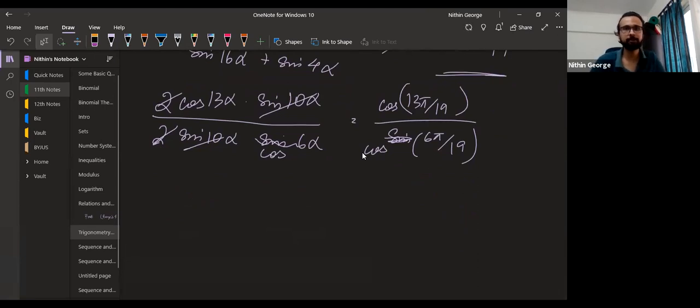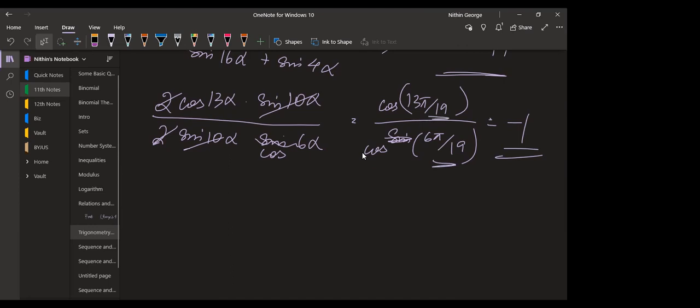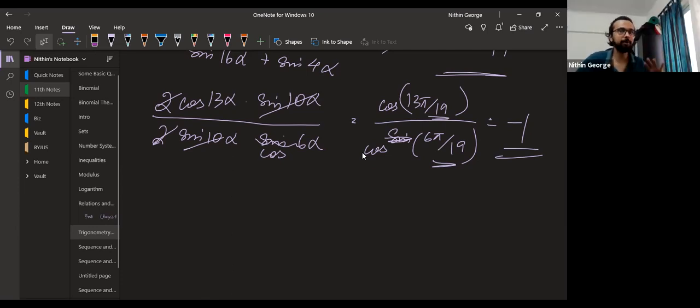And then, what will your answer be from here? It will be minus 1, right? What is happening? Just notice, guys, these angles, I don't care what they are, but when you add them up, what do you get? You get pi. Okay. So these are supplementary angles.